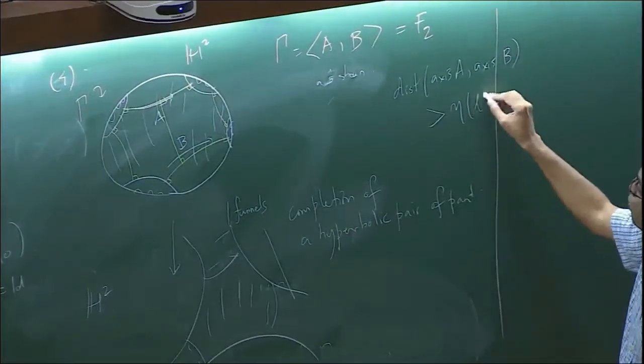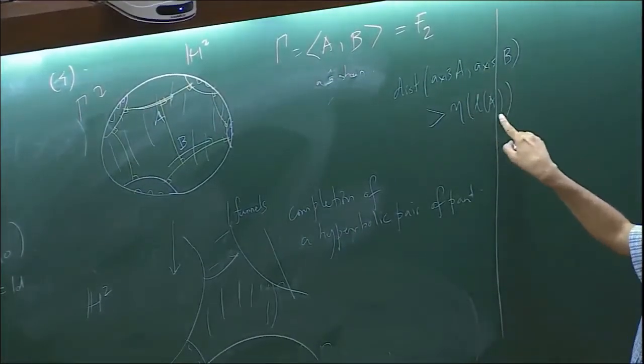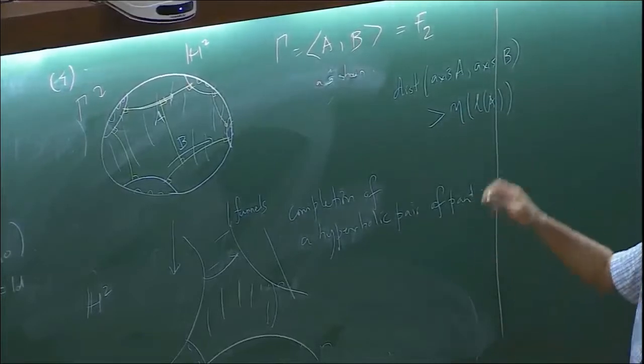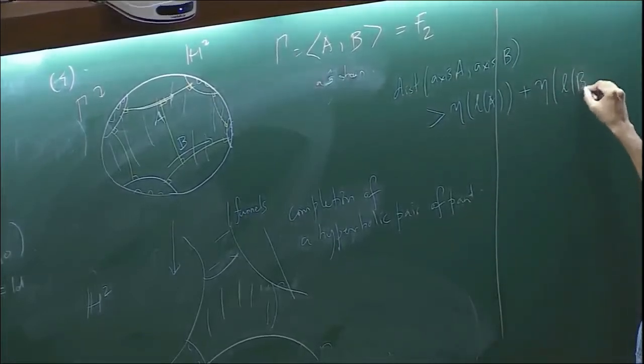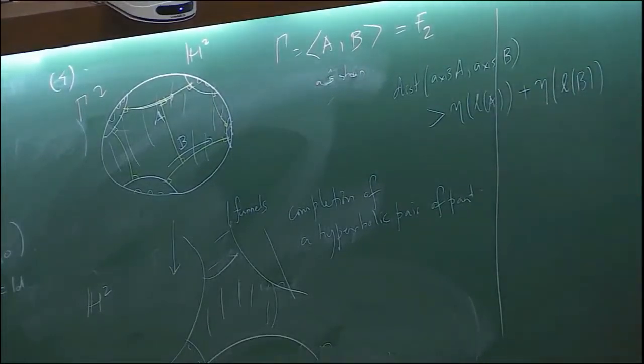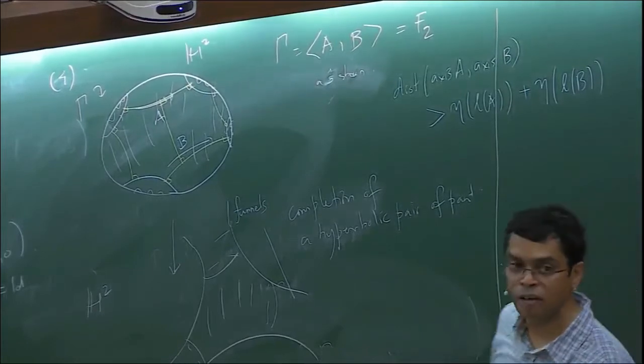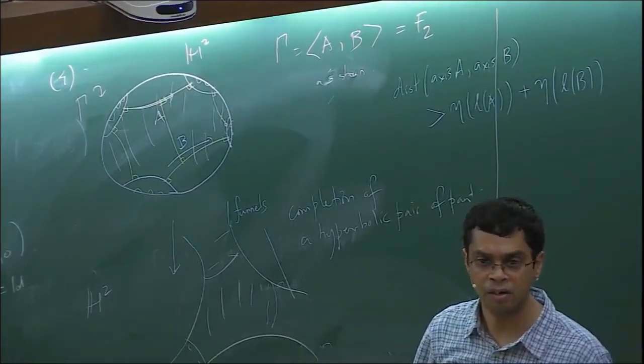So let's say the length of A, by this I mean the translation length of A, plus the collar function of the translation length of B. So this is the criterion that you can check, but it's not always going to work. I just indicated this as the kind of examples that arise.